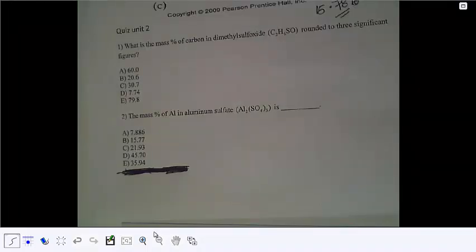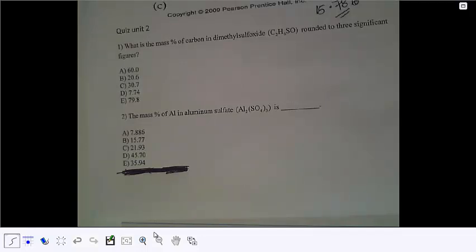This is the quiz at the end of this section. There are 2 questions which you once again must submit on the MyTutor platform. First one, what is the mass of carbon in dimethyl sulfoxide? The formula is given. Each answer is rounded to 3 significant figures. One of these answers should be the answer that you obtain if you have worked this out correctly.